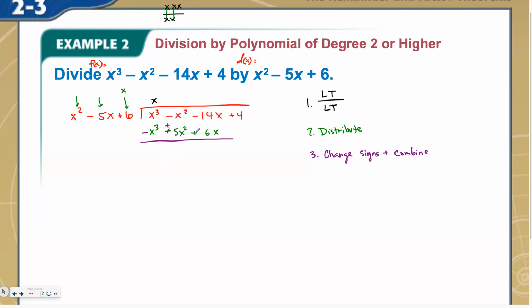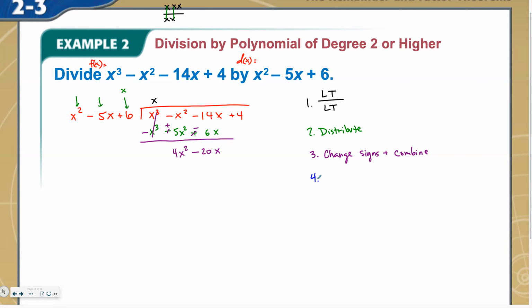And what happens to this positive? It goes negative. All right. X cubed minus x cubed is nothing. Negative x squared plus 5x squared is 4x squared. We're saying positive or negative on that? Positive, I agree. Now I have a negative 14x and a negative 6x. Negative 20x, good.